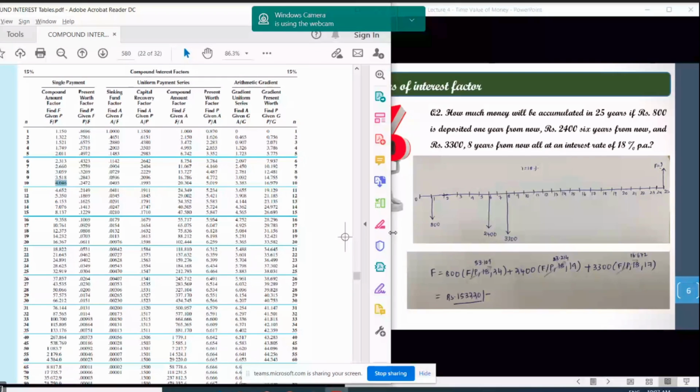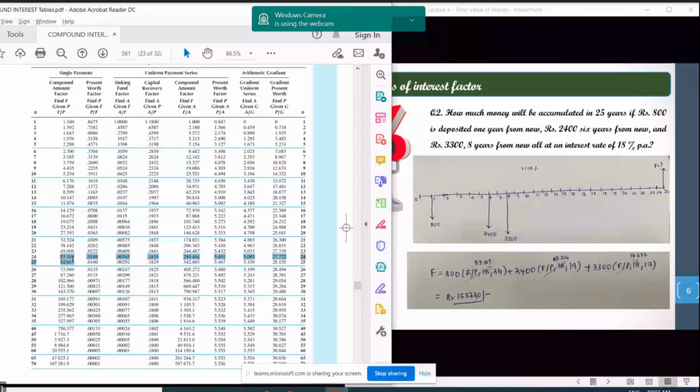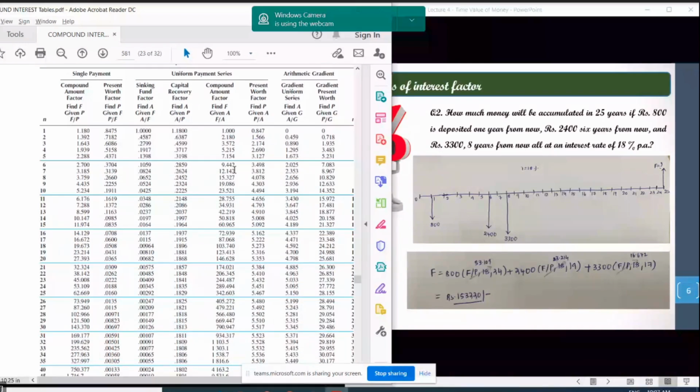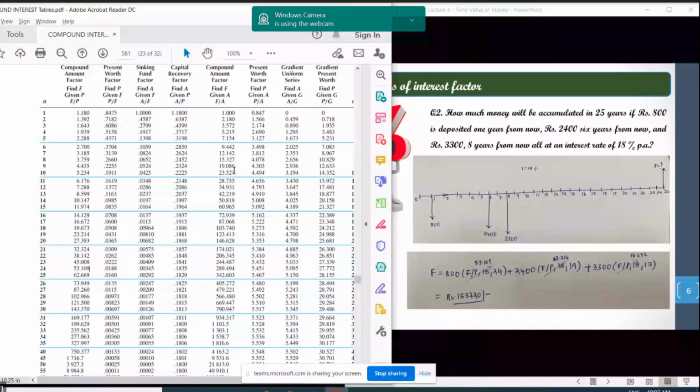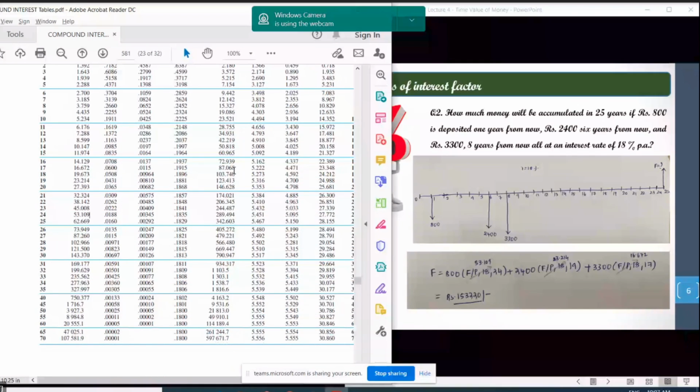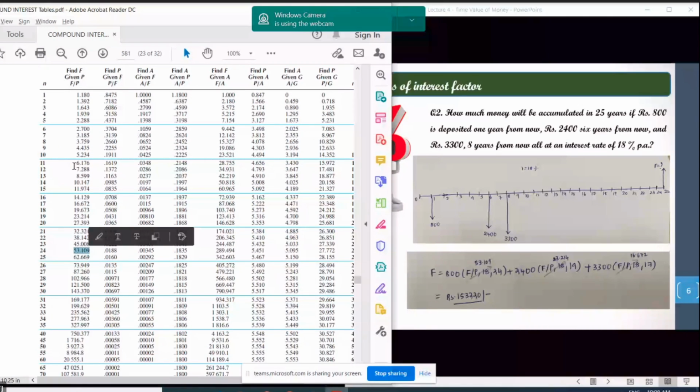So 18% for a period of 24. So 24 is 53.109. 53.109 is the value for F by P. I have highlighted it with yellow.